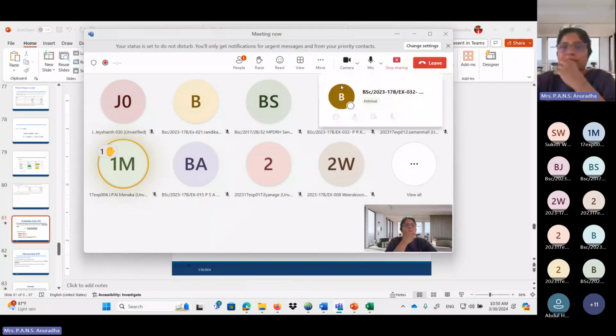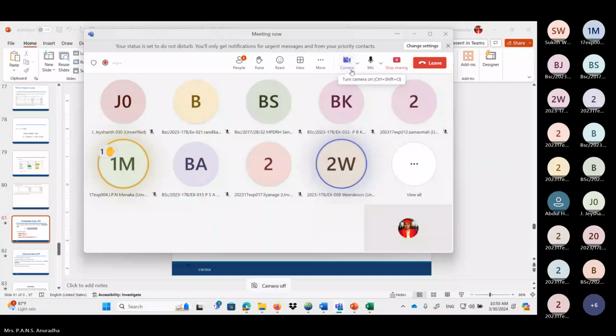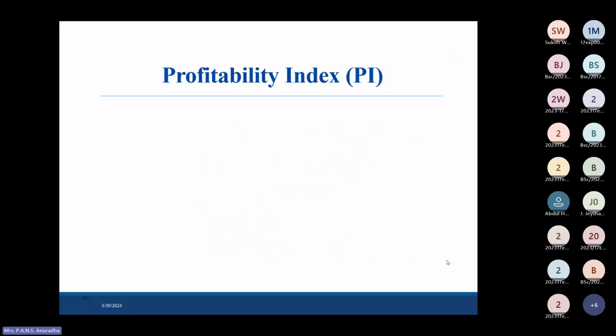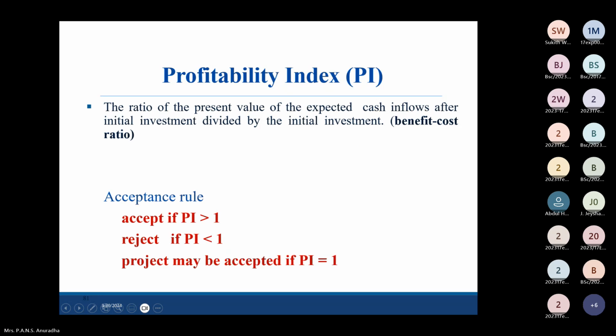Yes, ma'am. Right, okay, can start, right? Okay, so we can discuss this one also now, profitability index. I hope you can see the screen.